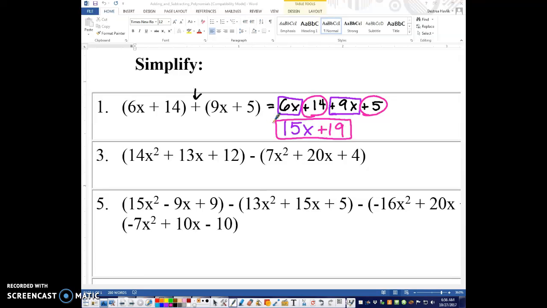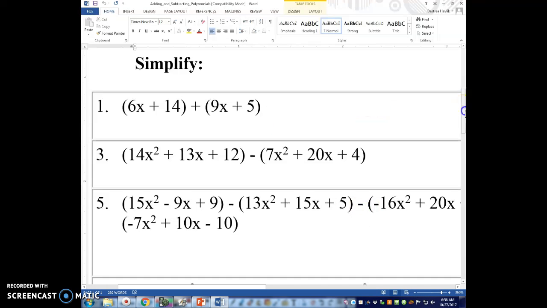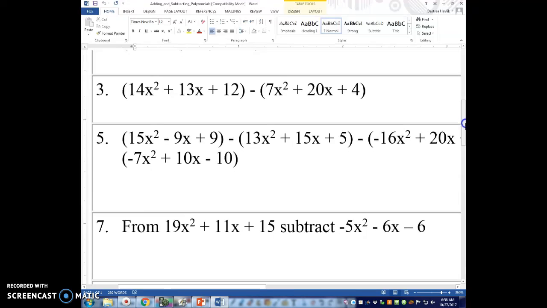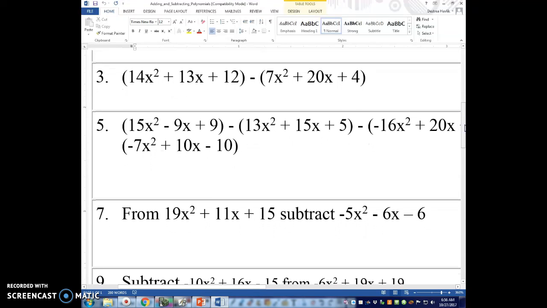Okay? Now, let's look at number 3, sorry. Number 3. Okay, so the first step is to rewrite this without parentheses. Ready?